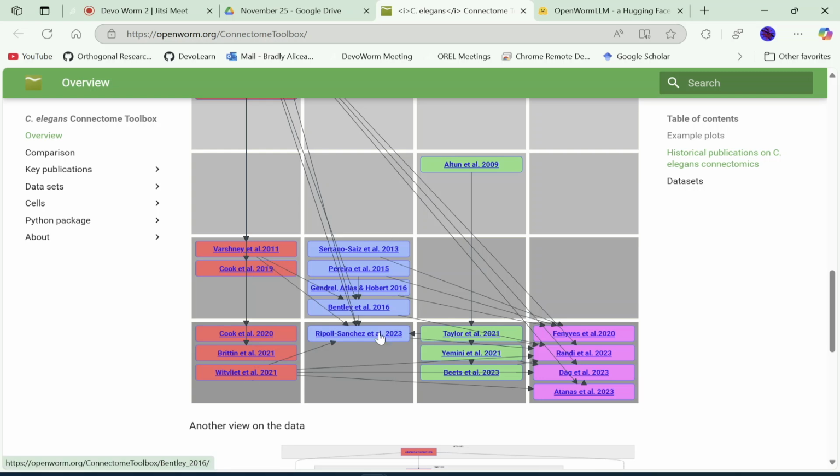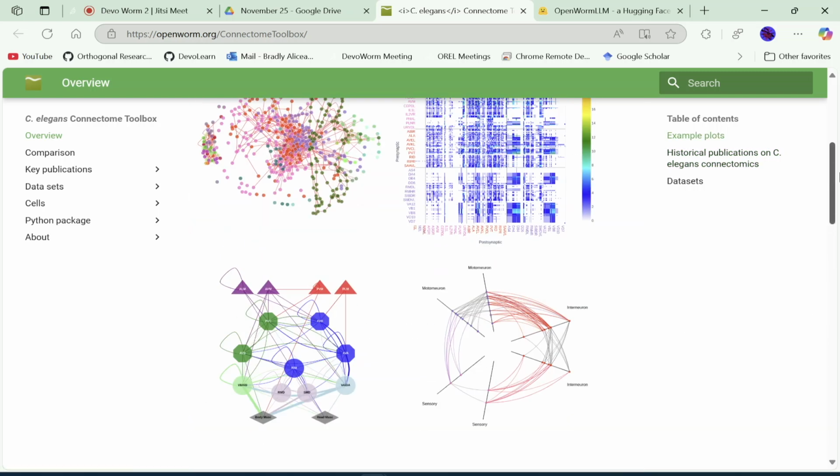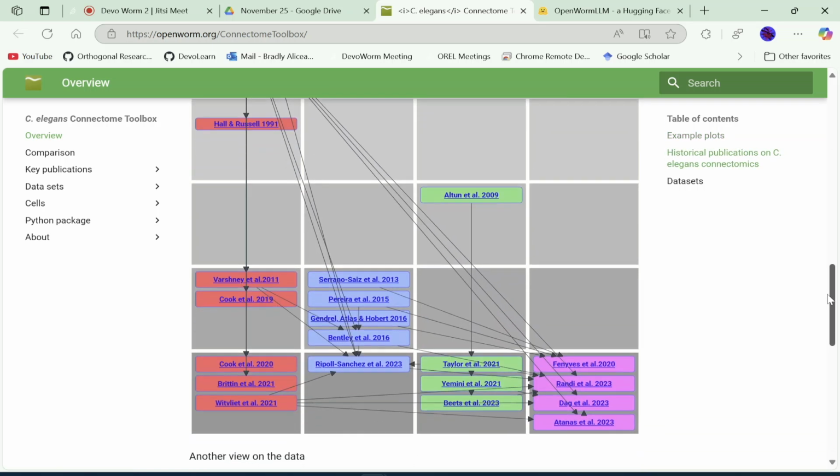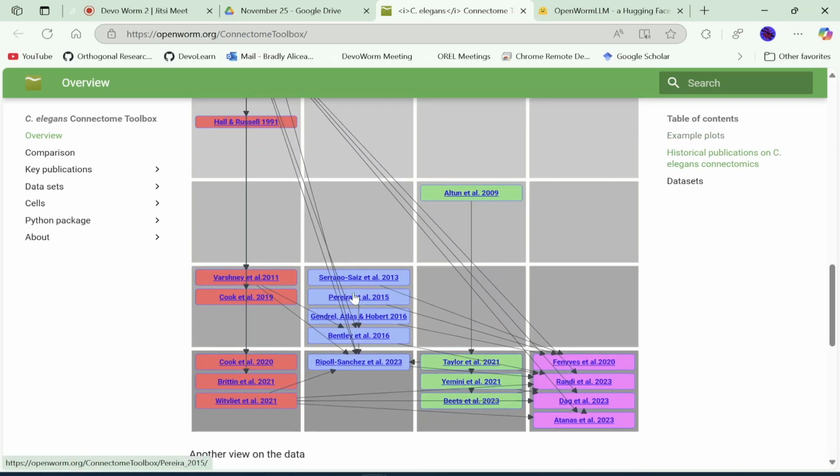We have additional extrasynaptic networks, or actually, we start with our extrasynaptic networks in 2013: Bentley, Pereira, Ripoll-Sanchez, and others. This is where we're talking about the peptidergic networks.